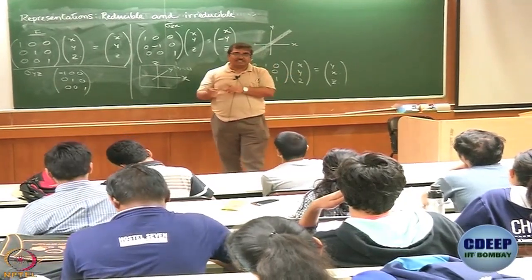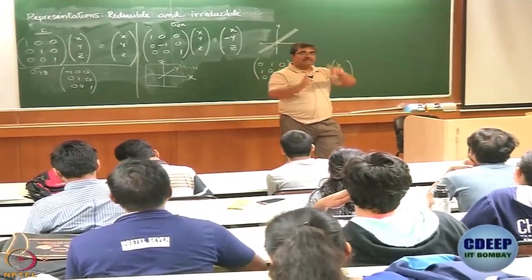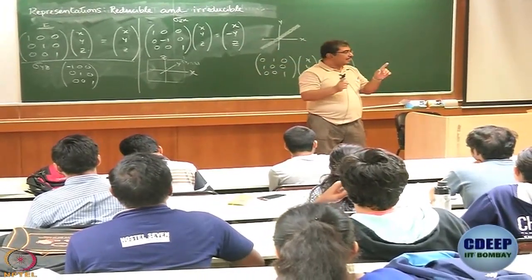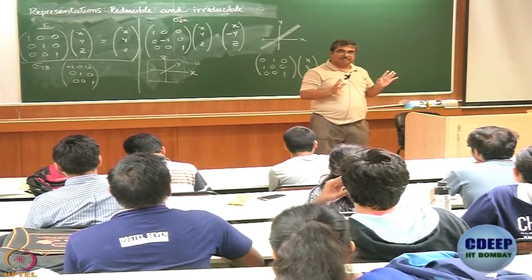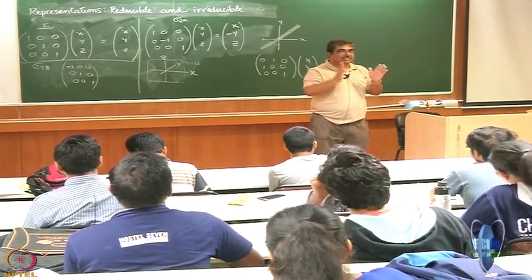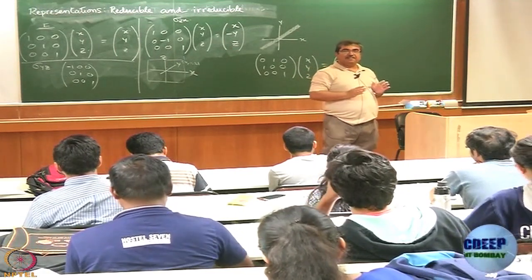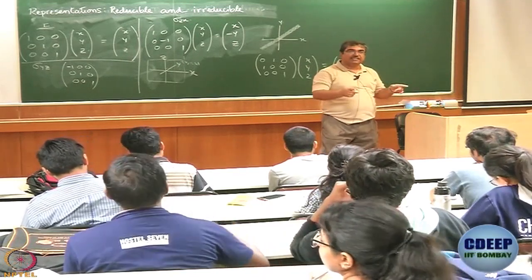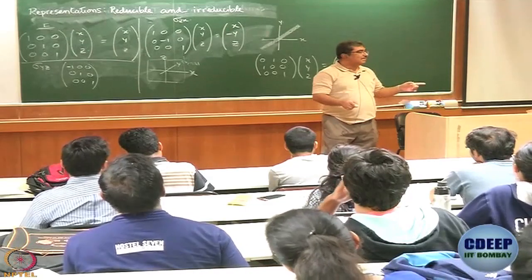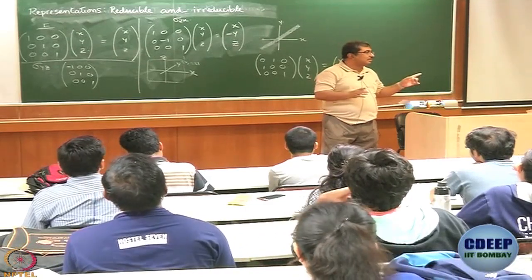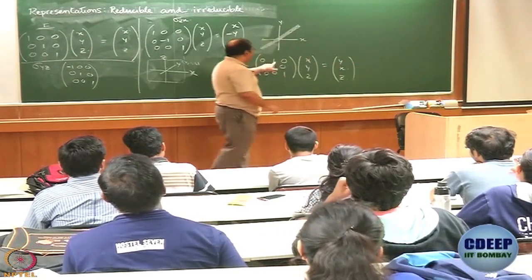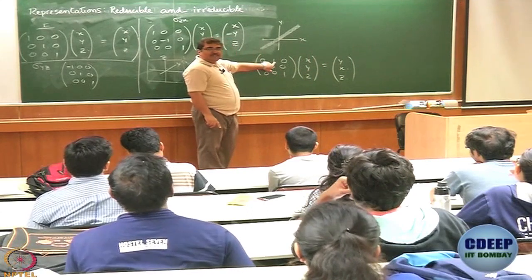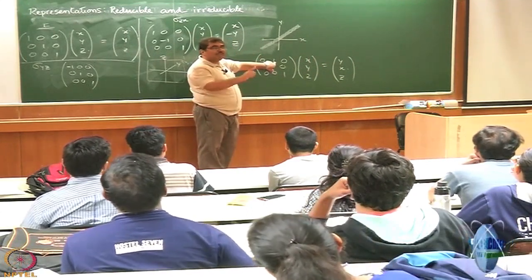A diagonal matrix means x remains x, it can change sign or it can remain itself. So a very simple symmetric antisymmetric relationship holds. y remains y or becomes minus y, nothing else is possible. z remains z or becomes minus z, nothing else is possible. The moment you have this off diagonal term, what is the meaning? x has become y, y has become x.